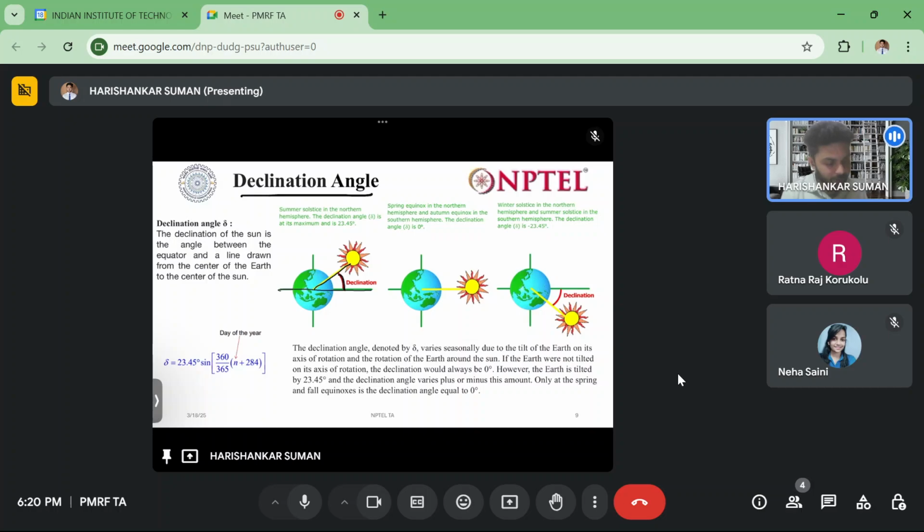This is the declination angle, and this is the equator. So the formula for this is delta equal to 23.45 sine of 360 by 365 times (n plus 284).